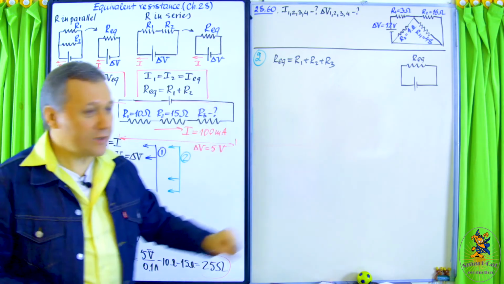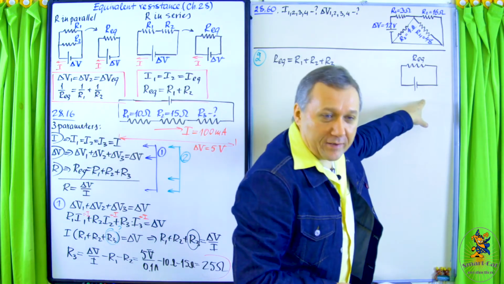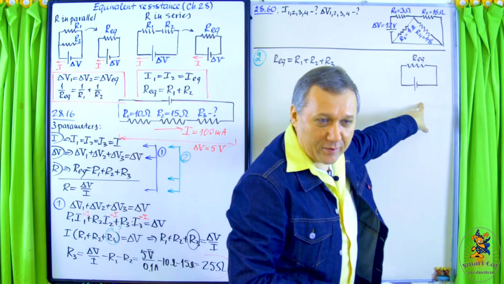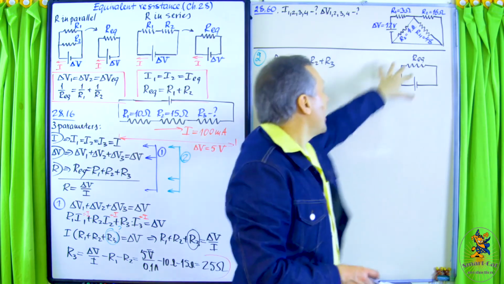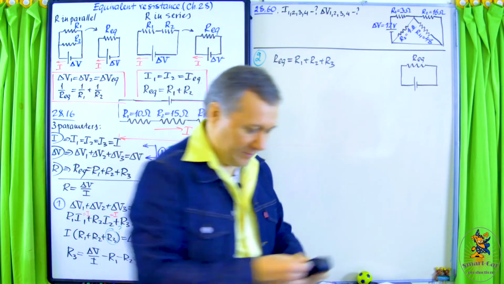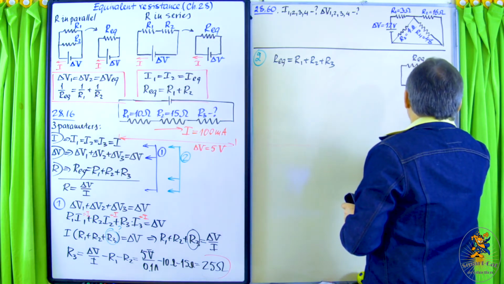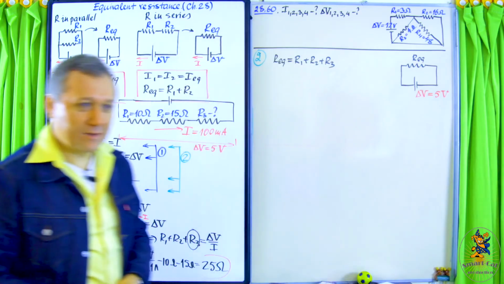When we introduce the equivalent resistance, that battery must work in exactly the same way, so exactly the same 5 volts must be provided across our R equivalent. Delta V equals 5 volts.